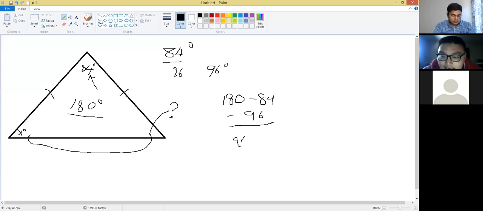So 96 divided by 2, because they're equal, means these two angles are equal. So 96 divided by 2, you should have 48. So each angle is 48. That's how you find it.